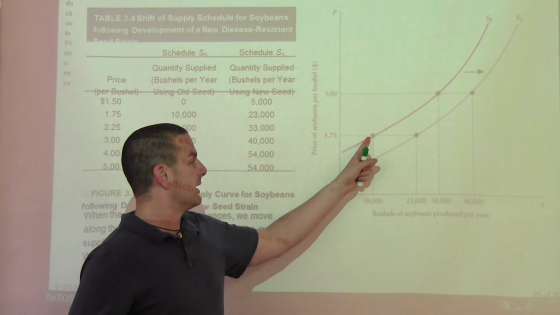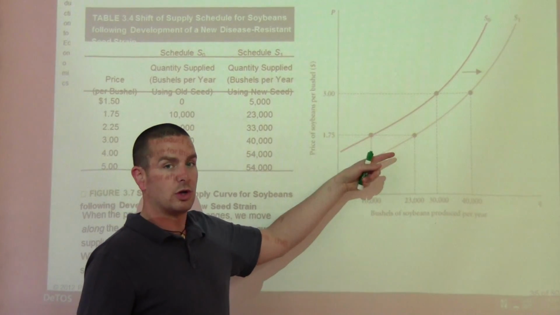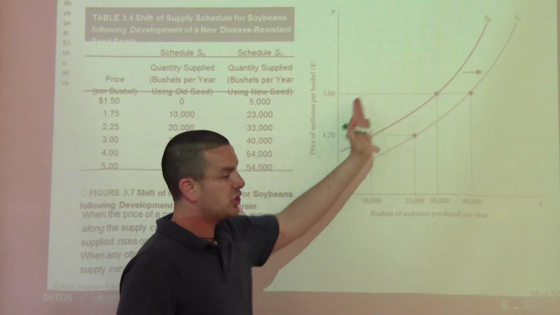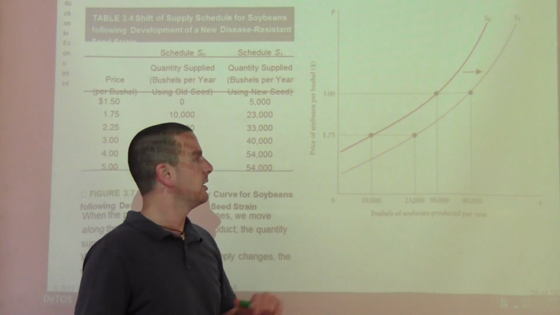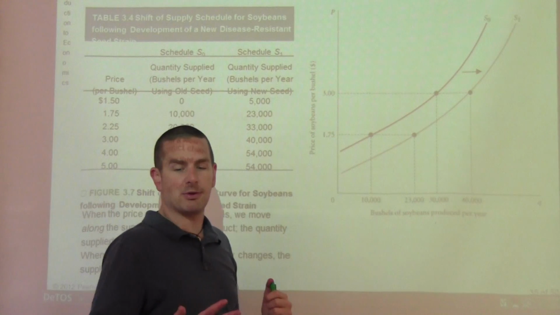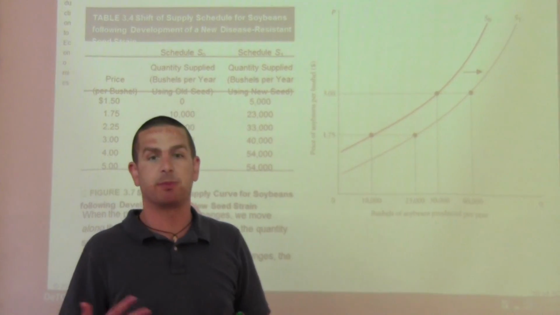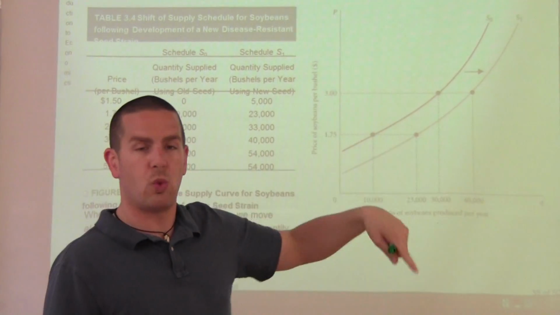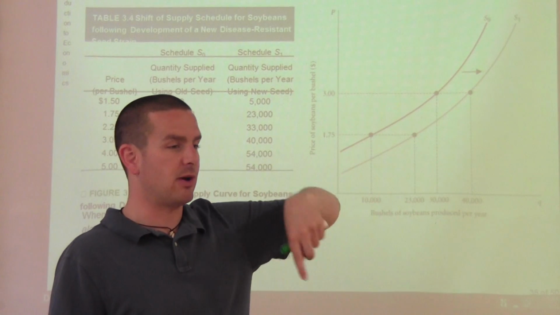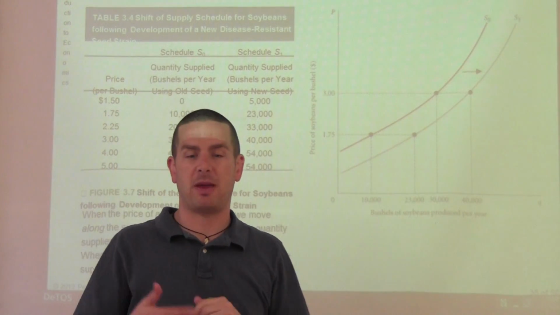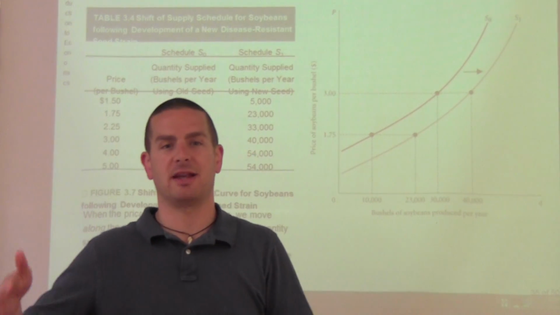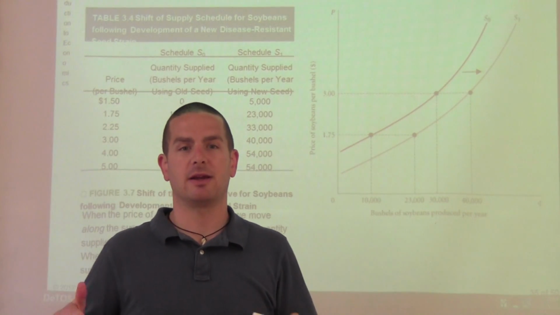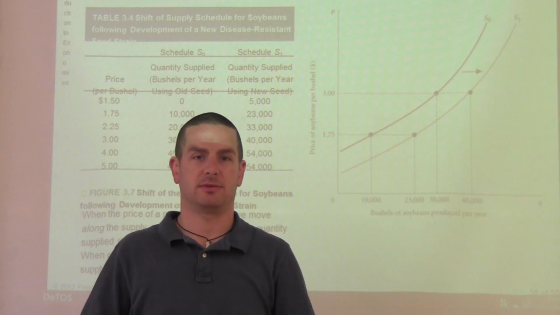So what you end up getting is a lower cost, which means you can shift the supply curve to the right. If you don't have to pay your labor as much, then you're willing to supply more, because no matter what the price is, if you have to pay your labor less, then at every single price level, you're going to be making more profit.